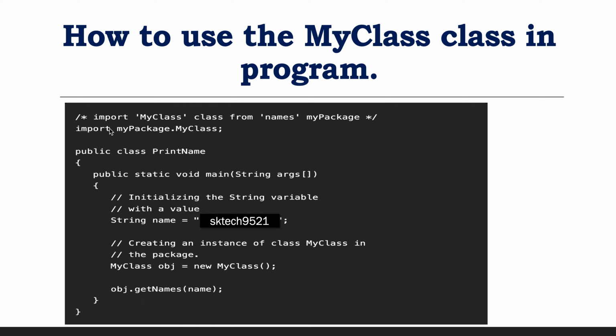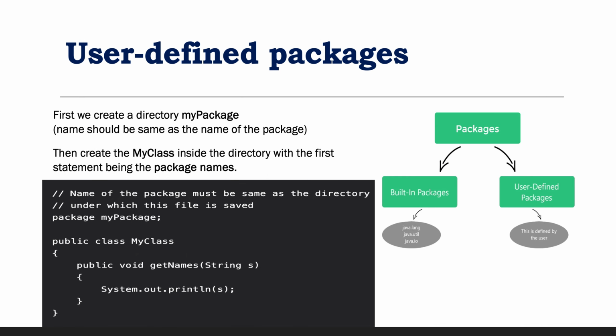Otherwise, if you are not importing this, Java will not recognize where this class is available. So to make it available to Java, we need to provide where it is available. Since it is inside the package, we need to give import package name dot class name. Using this object they can call this name. So this is how we can use a class belonging to a package, and this is how we can define a user defined package.